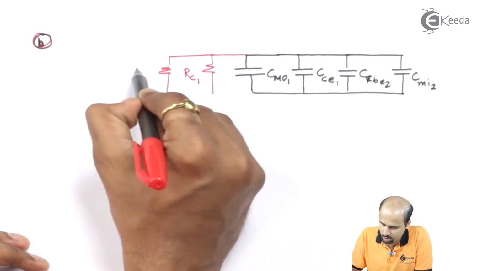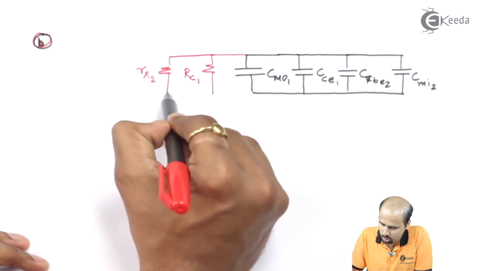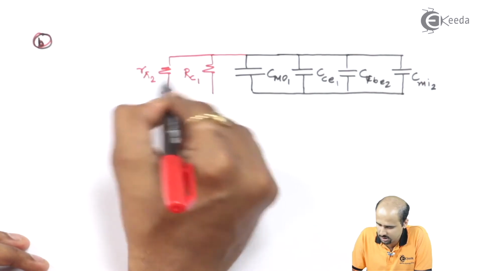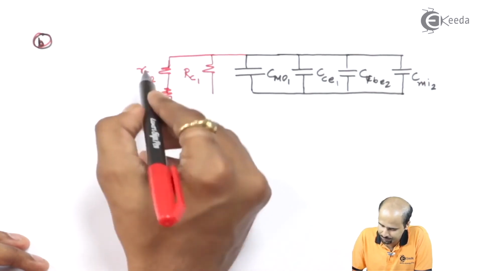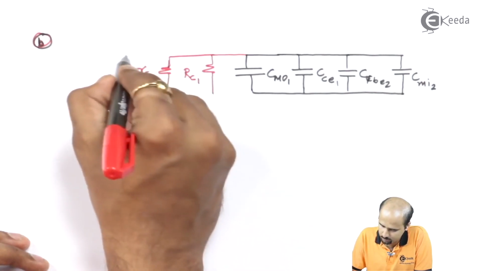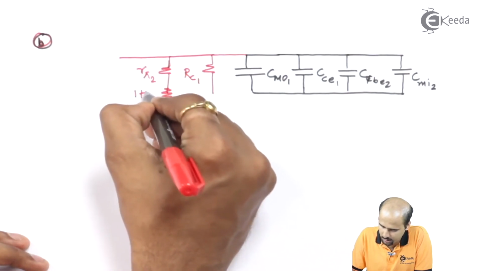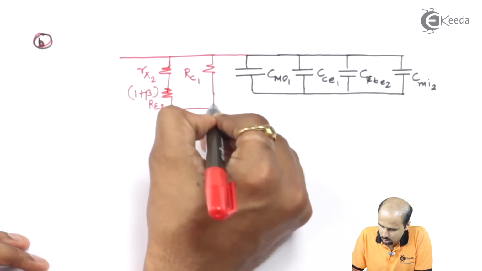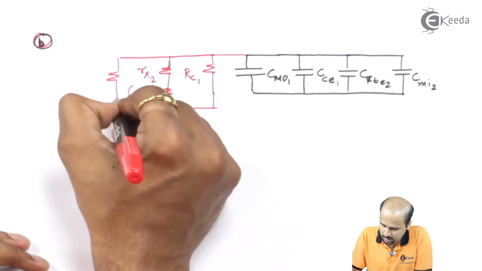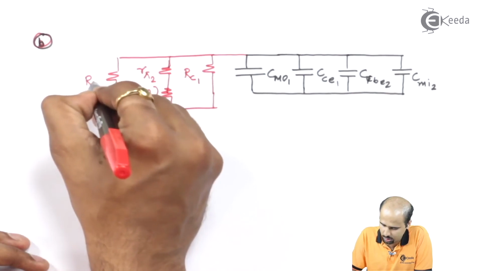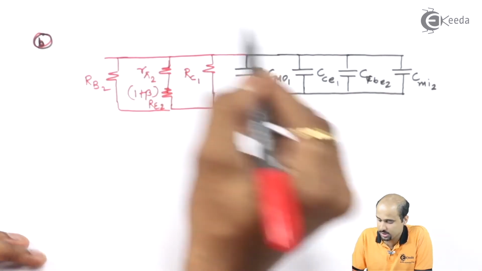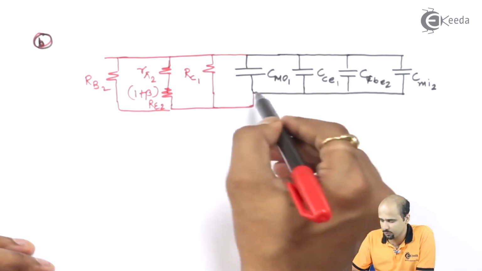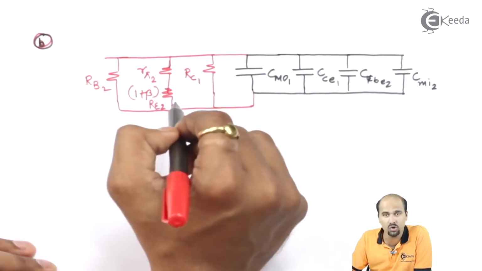So this will be your R pi 2 along with the shifted resistance, that is nothing but 1 plus beta times Re2, and moreover we have another resistance, that is your Rb2. So this is how we have got the big circuit consisting of 4 capacitances and basically 4 resistances.